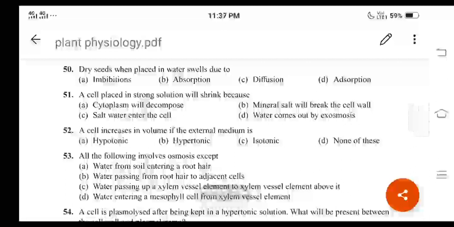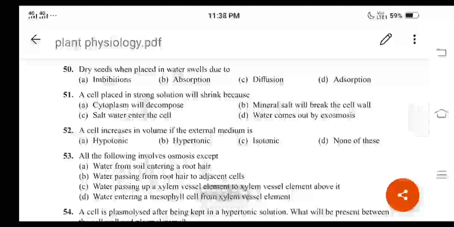Then C, water passing up from a xylem vessel element to the xylem vessel element above it. Okay, this is not by the process of osmosis. This occurs by the process called the transpiration stream, right? So C is incorrect here.